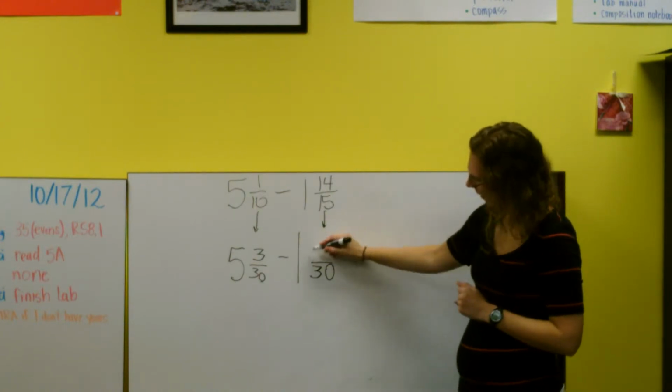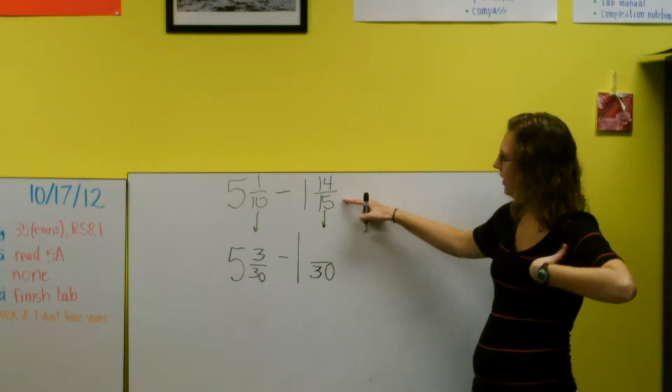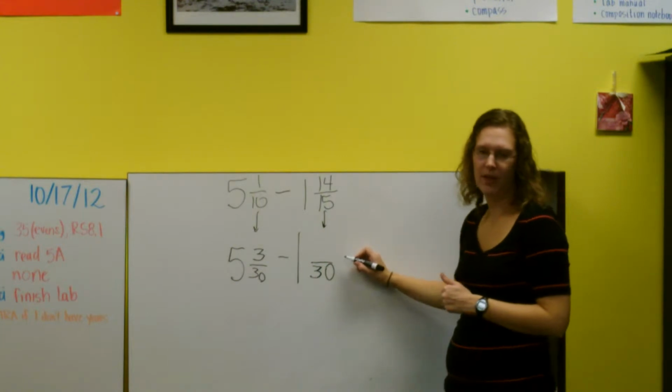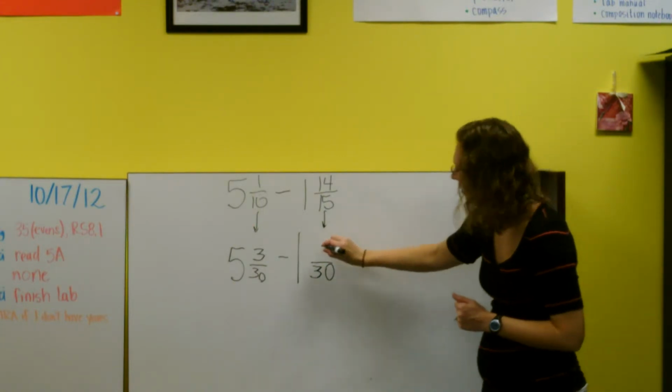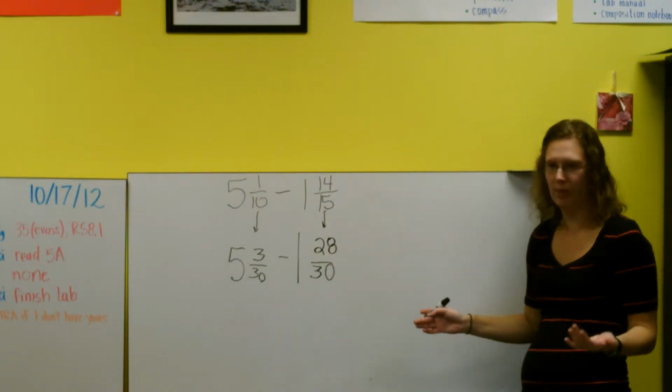I need to make this fraction into a fraction with a denominator of 30. 28 over 30. All right, here's our problem.